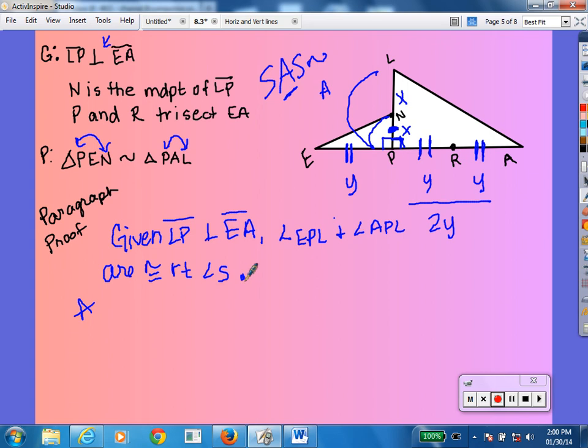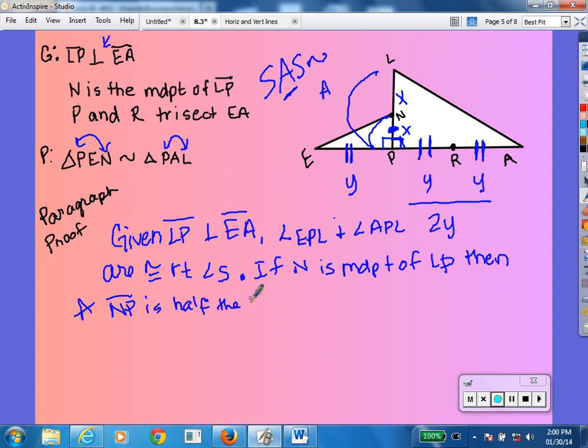And then we can say if N is the midpoint of LP, then NP is half the length of LP.